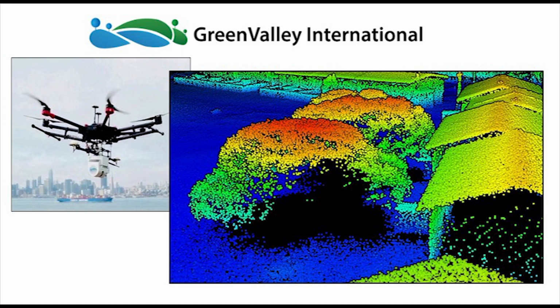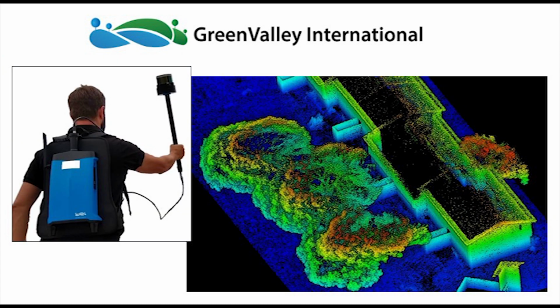Whereas when I inspected the live backpack data, I noticed that the backpack or the mobile LiDAR system was able to capture not only the undersides of the trees and the sides of the buildings, but it did it very well. And at the same time, it missed the regions of the point cloud that were in the uppermost canopy sections of the trees, as well as the tops of the roofs.